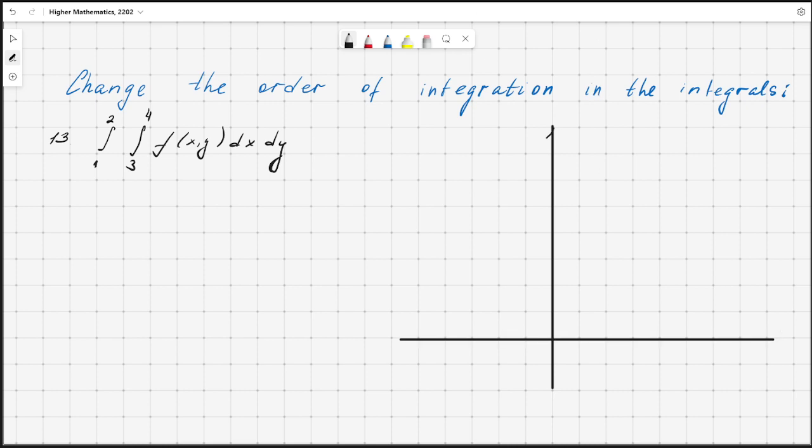Y-axis, x-axis. In this case, x changes from 3 to 4. Y changes from 1 to 2.